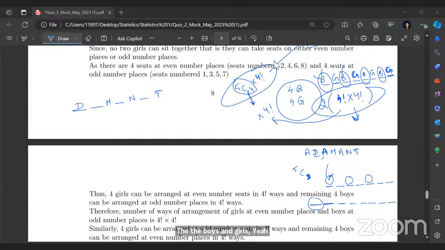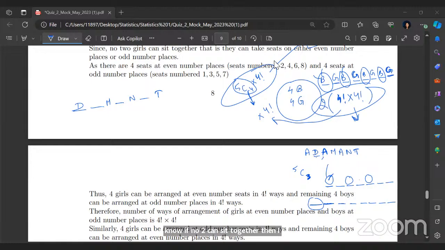Yeah, so there are only 8 places, right? So there, you fix the boys, then you have only 4 places left for girls, right? And if no two can sit together, then it can be done only in even places or odd places.